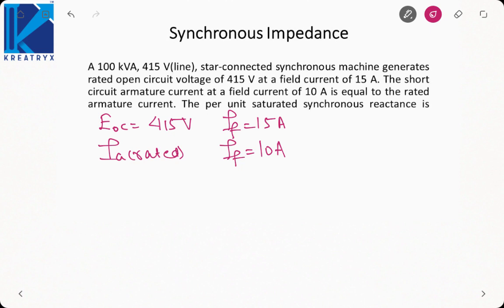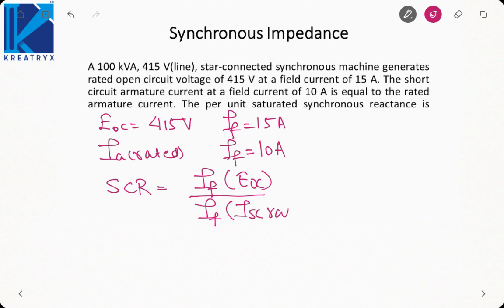So what I'll do here is calculate the short circuit ratio. It is the value of IF to generate rated open circuit voltage divided by IF to generate rated short circuit current. So how much will it be? 15 upon 10, that is 1.5.